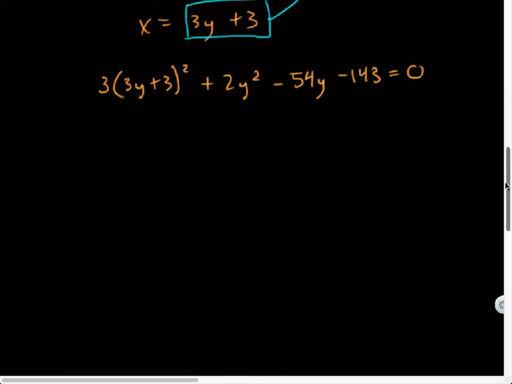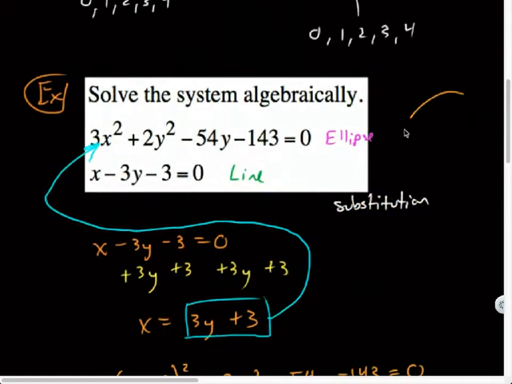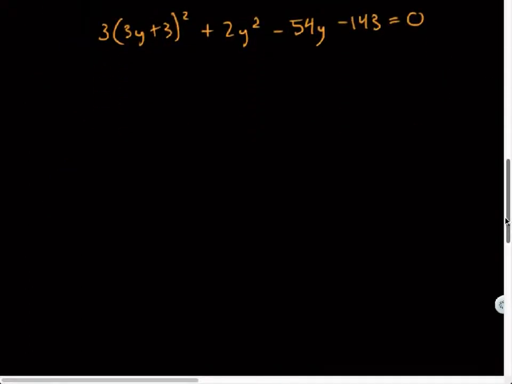And this equation is all in terms of y. It looks like it'll likely end up being a quadratic once I simplify it. So this could give me as many as 2 answers, which is what I'd expected as a possibility when I was drawing my little picture, that I could have had 2 answers there, right? So let's do this.